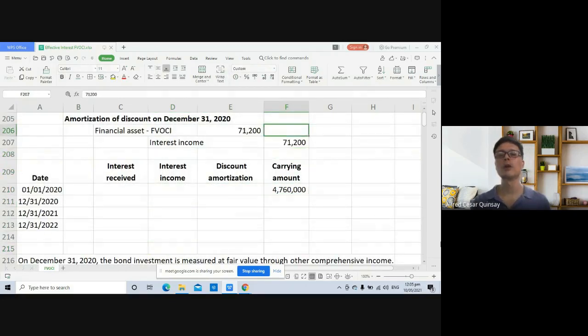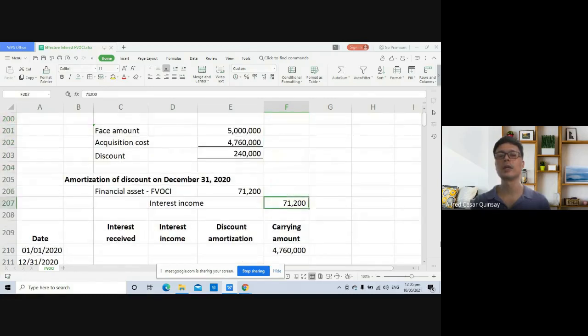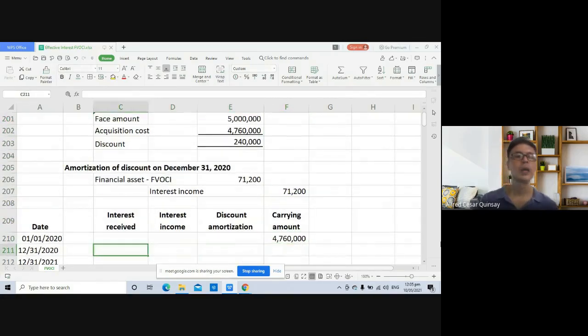The carrying amount, as we saw a while ago, is 4,760,000. The amortization table is almost the same as in the previous lessons we took up on investment on bonds.